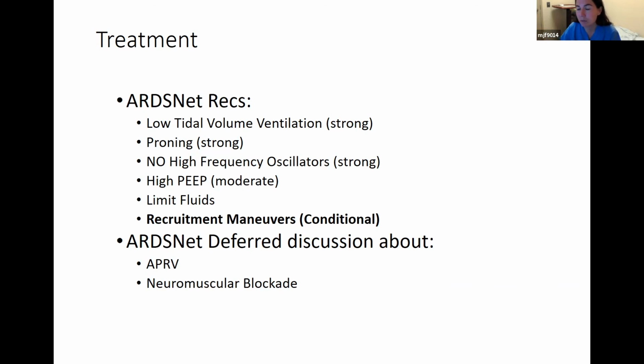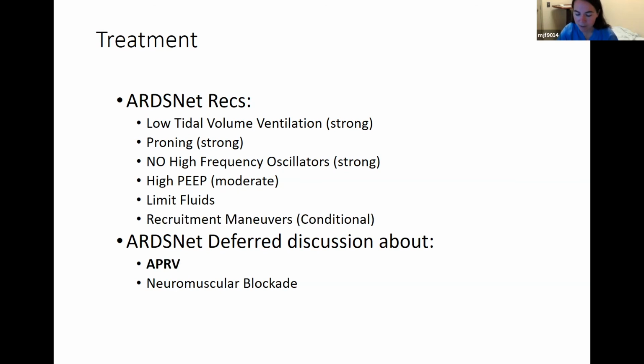Some people will do that here to try to recruit some lung, especially if you think you were just on the transport vent and maybe you de-recruited a little bit, but it's kind of physician dependent whether or not people actually do it.